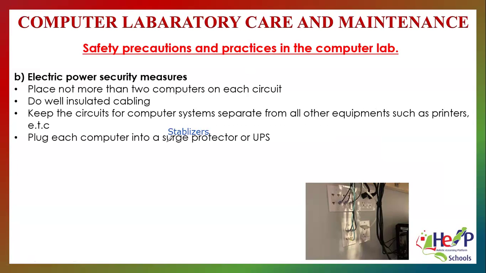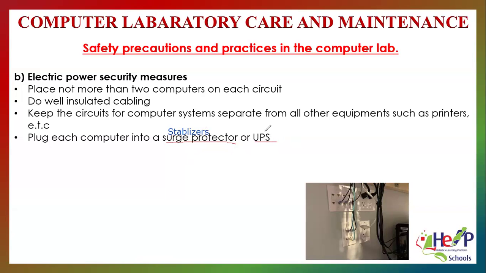You're going to find they're talking about a surge protector and they will talk about a UPS. The question will be, what is the difference between a surge protector and a UPS? And the main difference here is that the UPS stores power. A UPS stores power. It's like a power bank, but it also protects against high and low volts.